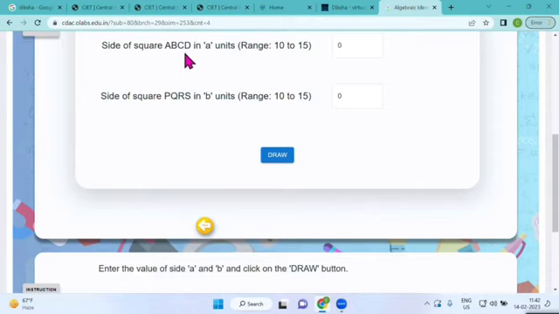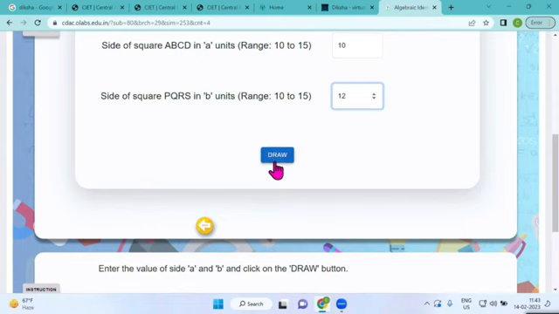The side of the square ABCD, in A units, we can take from the values 10 to 15. So I am taking 10 units for the first square, and for the next square PQRS, in B units, the range is again 10 to 15. I am taking the value 12.